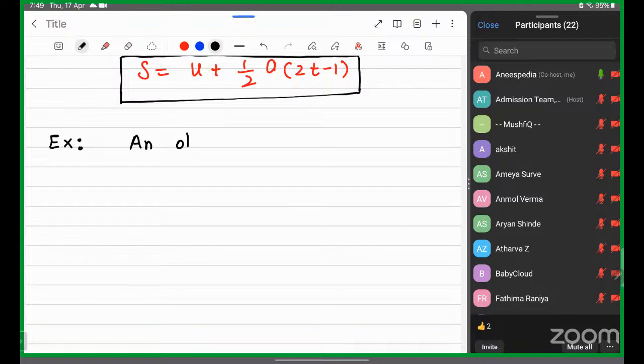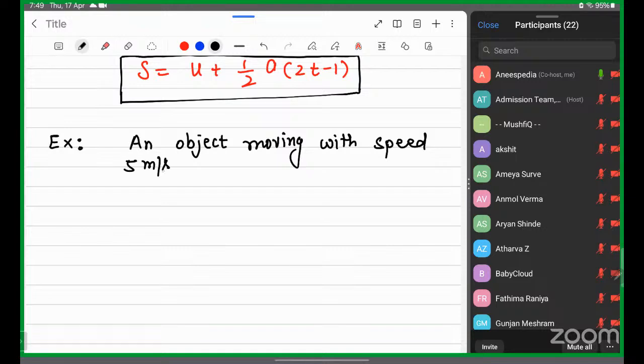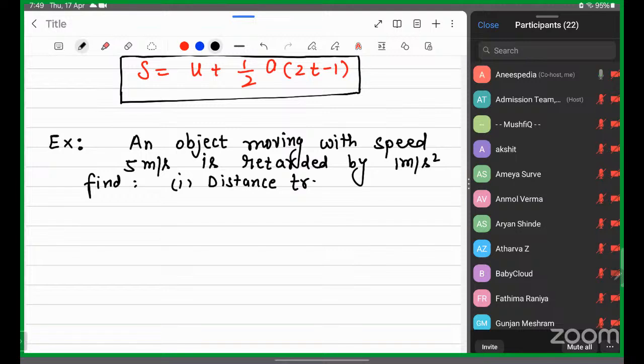Let's say we have an object moving with speed 5 meter per second, which is retarded by 1 meter per second square. Find, number one, the distance traveled before it stops.